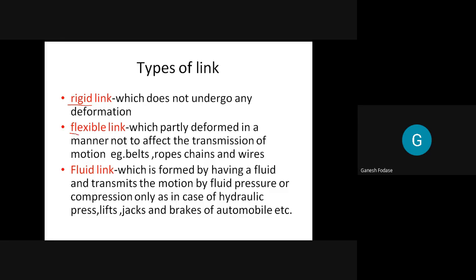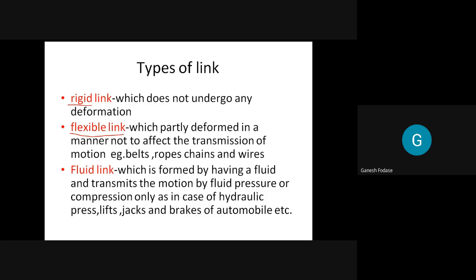The next one is flexible link. A flexible link is a link which partly deforms in a manner not to affect the transmission of motion. An example is a belt. So belts, ropes, chains and wires are examples of flexible links.